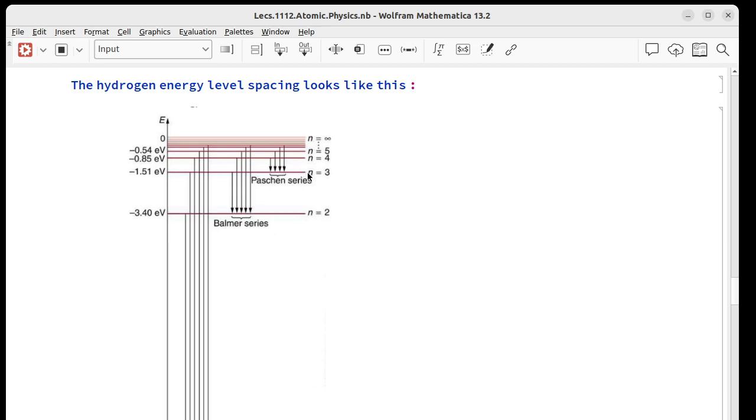It really represents all transitions to the n equals 2 state, the first excited state. There's another series of lines, if you look at a hydrogen spectrum, where you can connect these various lines mathematically. And the reason you can is they're all transitions to the n equals 3 line. All the transitions to the ground state can be connected mathematically. They're called the Lyman series.